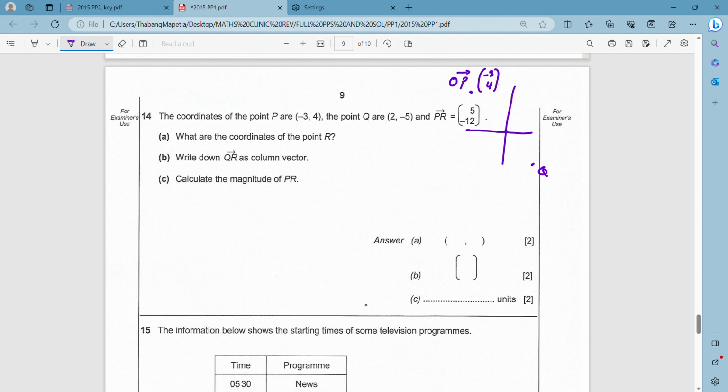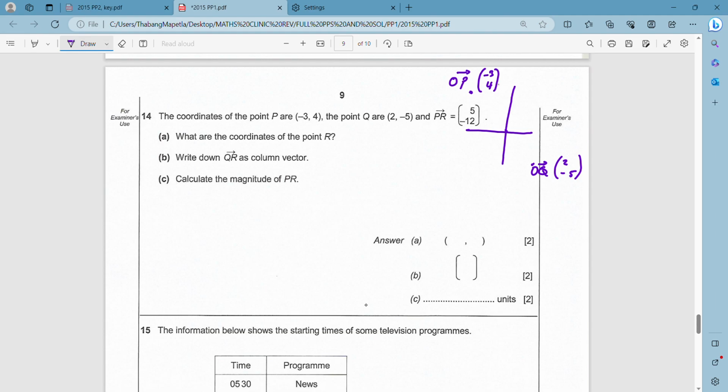Then column vector OQ, sorry about that, is going to be 2, -5. So now we are told that PR is going to be 5, -12. So we are asked what are the coordinates of R.